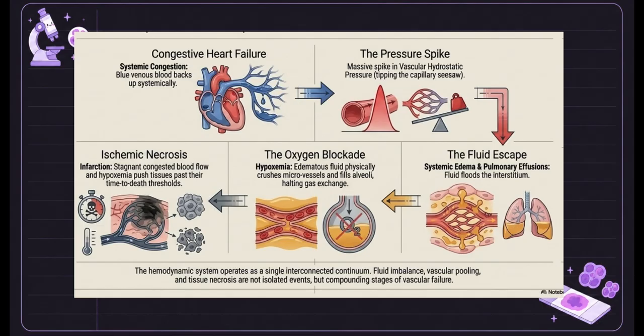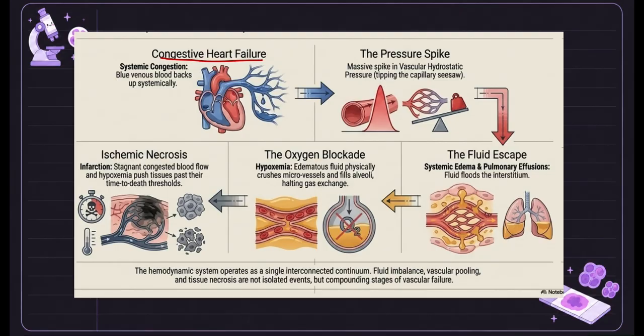The entire human hemodynamic system operates precisely as a single interconnected continuum. Fluid imbalance, vascular pooling, and final tissue necrosis are never isolated events. They are strictly compounding stages of a single vascular failure. Think about it. Congestive heart failure actively causes a systemic venous backup.